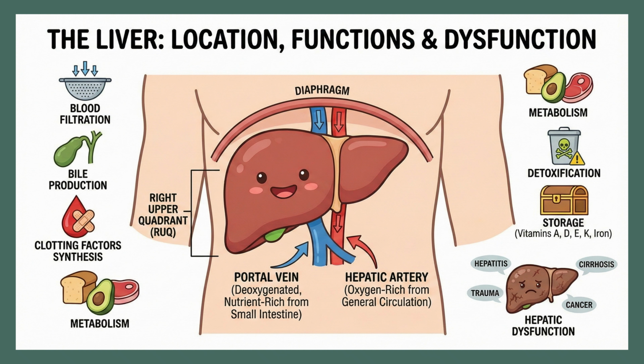Its blood supply is unique. It receives blood from two main sources. The hepatic portal vein carries nutrient-rich blood from the gastrointestinal tract, while the hepatic artery supplies oxygenated blood from the heart.